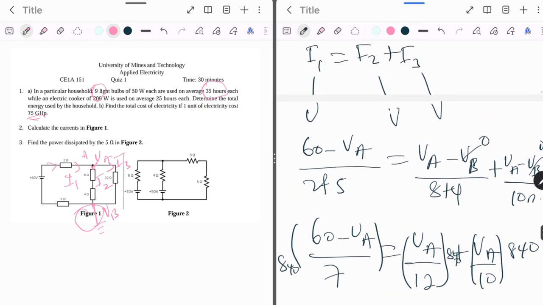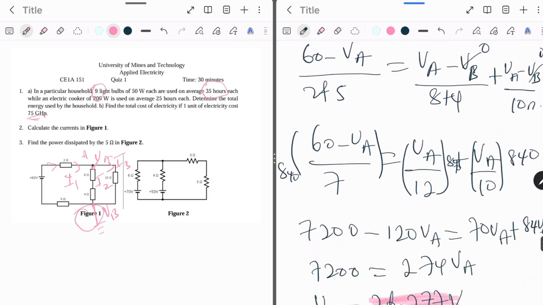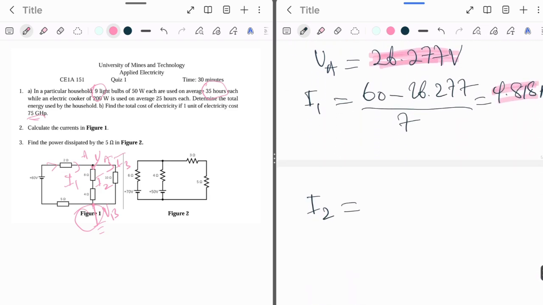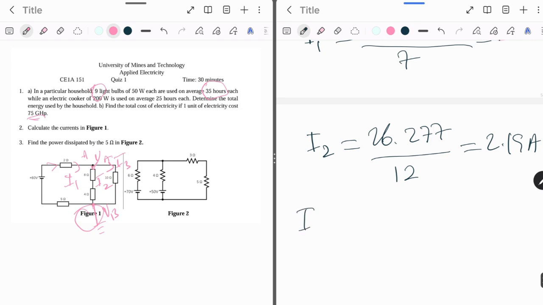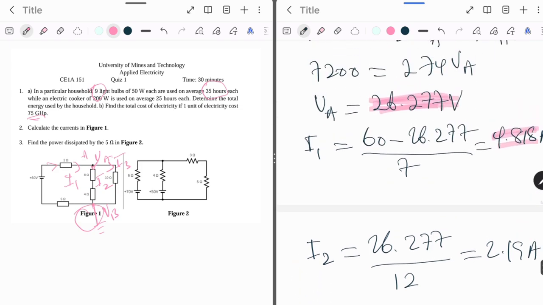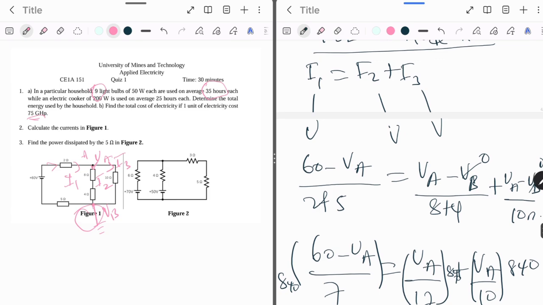I2 is equals to VA minus VB over 8 plus 12, which is, VB is 0, so you get 26.277 over 12. This will give us 1.219 amps.